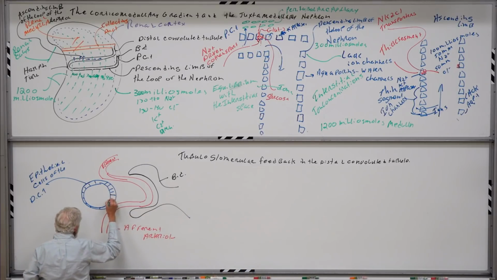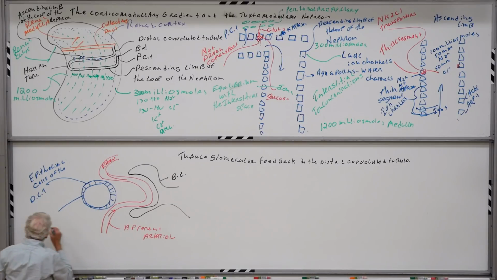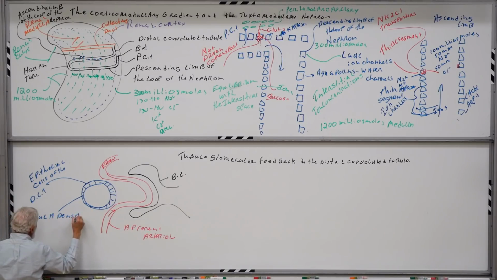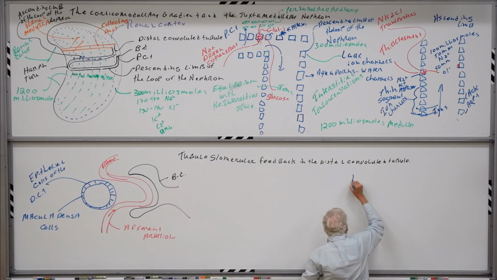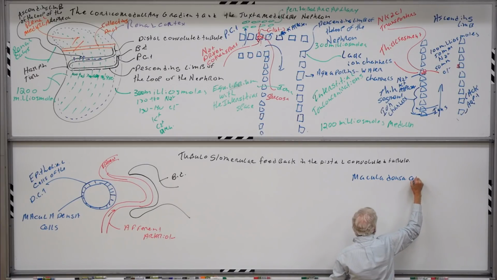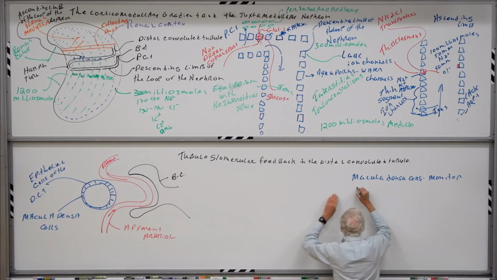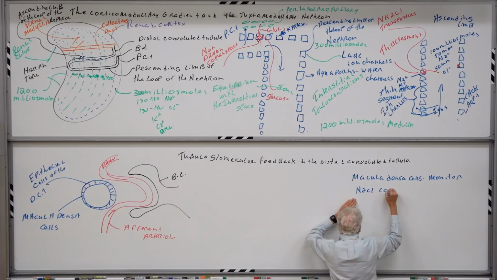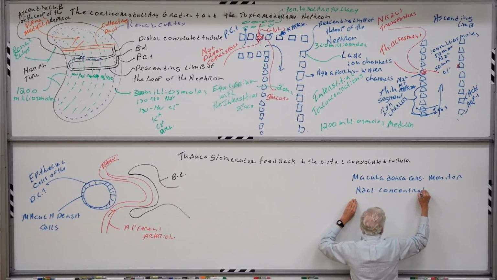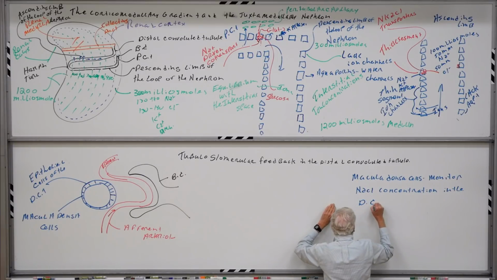The cells in here in the distal convoluted tubule have a name. They're called the macula densa cells. The macula densa cells monitor sodium chloride concentration in the distal convoluted tubule.